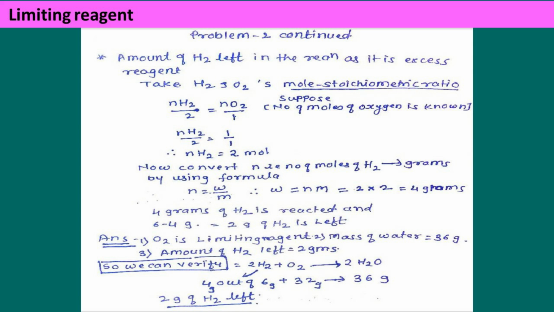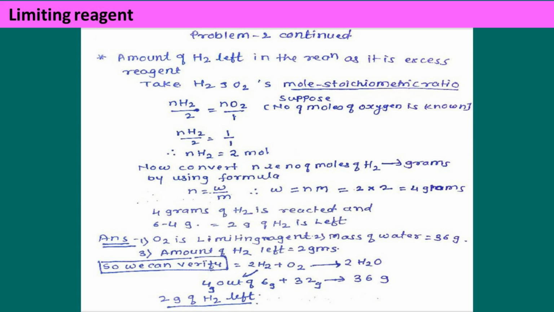Now see what the answers are. Oxygen is the limiting reagent, hydrogen is the excess reagent, the mass of water is 36 grams, and the amount of hydrogen left is 2 grams. We can verify this answer by putting appropriate values in the equation of the chemical reaction. The equation is 2H2 plus O2 gives 2H2O. How many grams of hydrogen were taken? 6 grams.